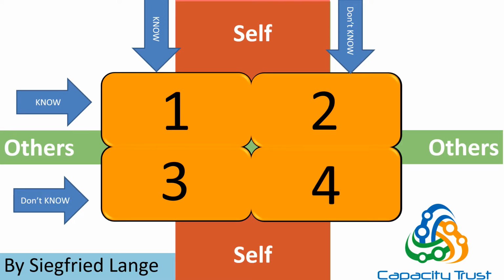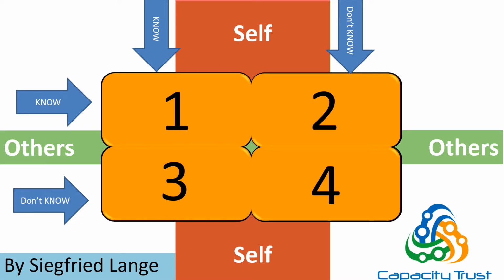We ask a question that we don't know the answer to, and the other person also doesn't know the answer to. I found that with most of my clients, this is the most scary questioning quadrant that they could move into. This is the most powerful quadrant though.